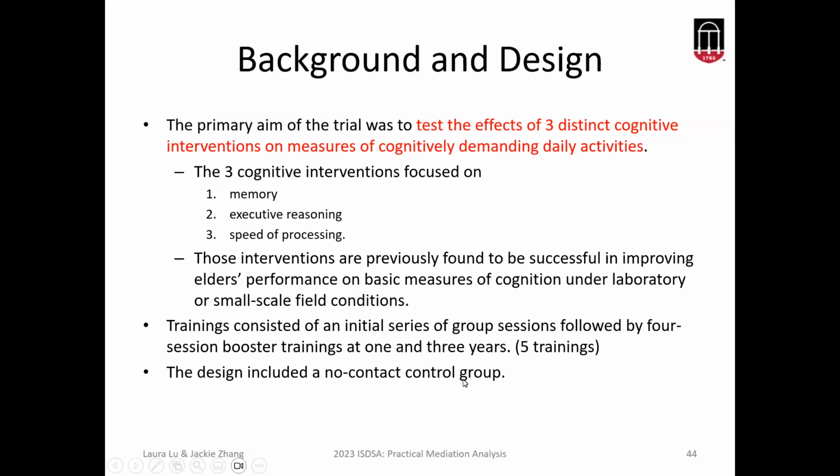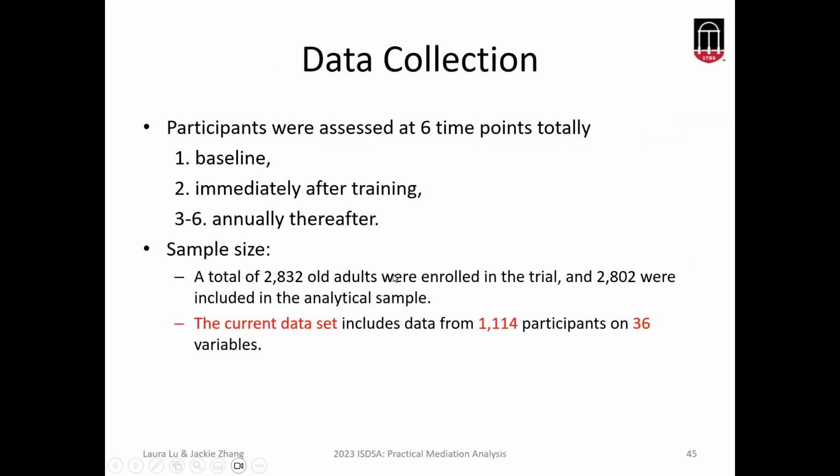There's a control group, there's an intervention group, and we have 5 trainings. The first assessment is a baseline, measured in the beginning part of the experiment. So we have the baseline measure, and we also have a second measure, which happened immediately after the training.